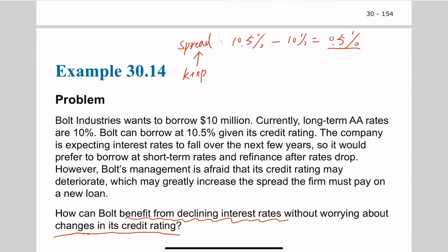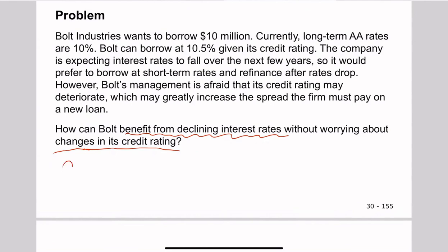So first, the firm will have to borrow this 10-year debt at 10.5%, right?